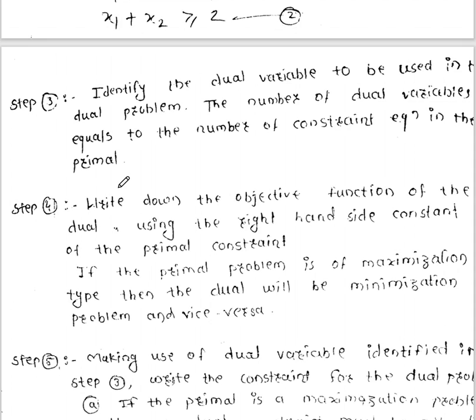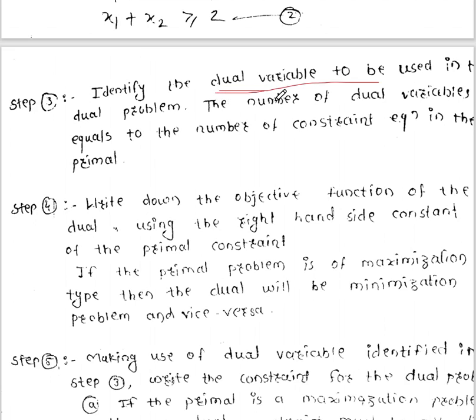So for that we have to identify how many dual variables we require for the dual problem. If there are 3 constraints in the primal problem, then we require only 3 dual variables.